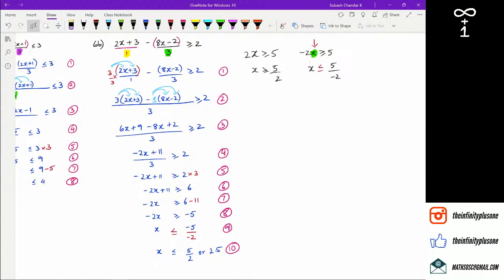Sorry, I'm just looking at the comment section on the explanation. Oh, you're talking about why you swap the symbols.